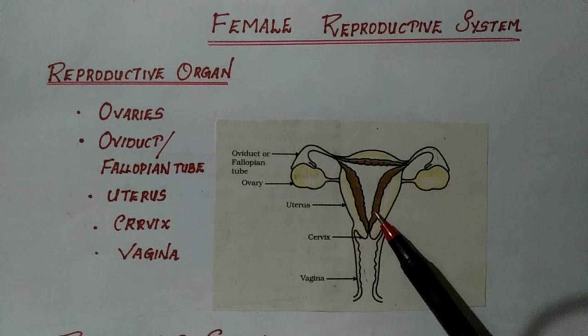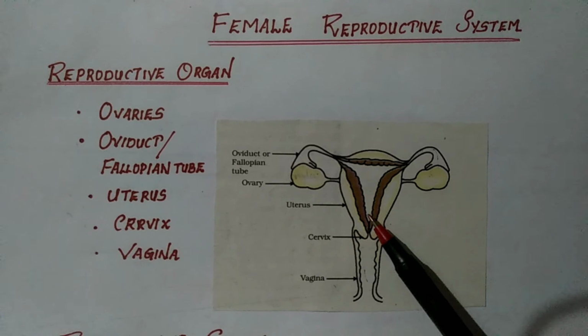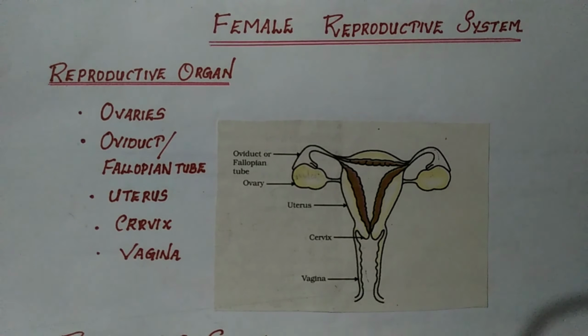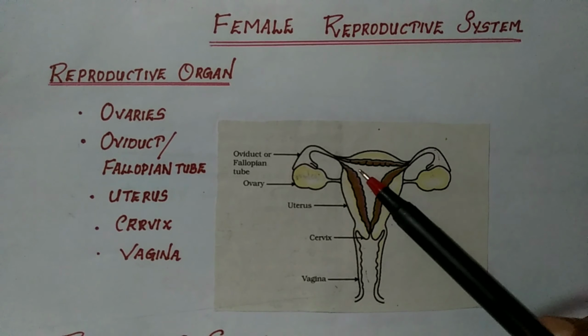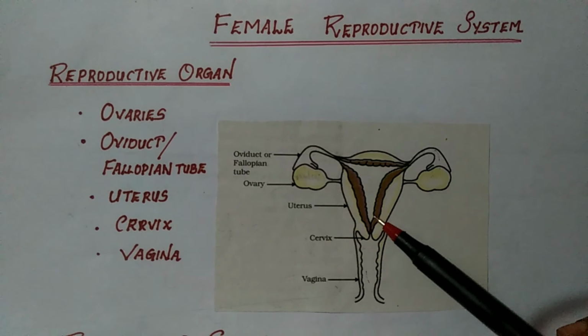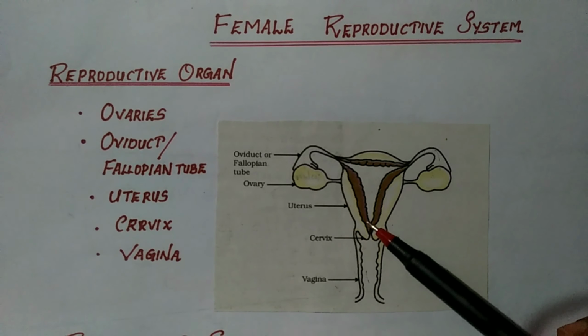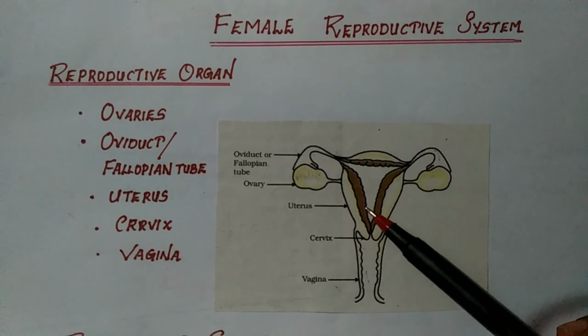After implantation, a special tissue develops between the uterine wall and the embryo, in the walls of the uterus, and this tissue is named the placenta. Through this placenta, exchange of nutrients, oxygen and waste products takes place.